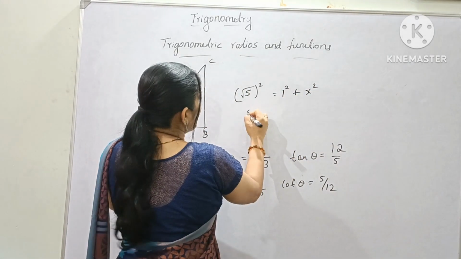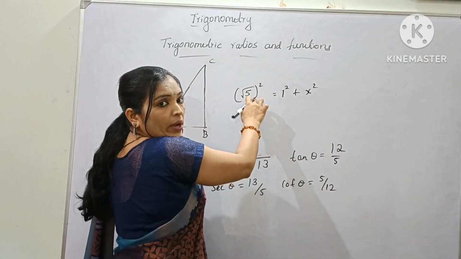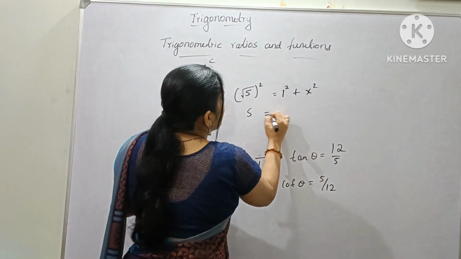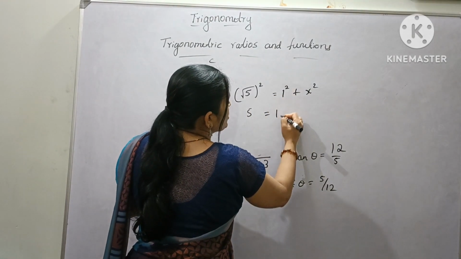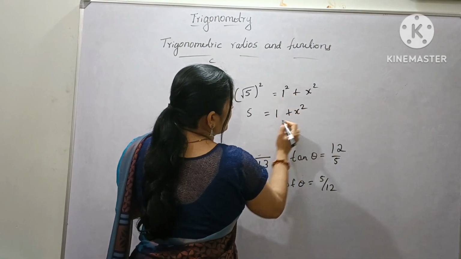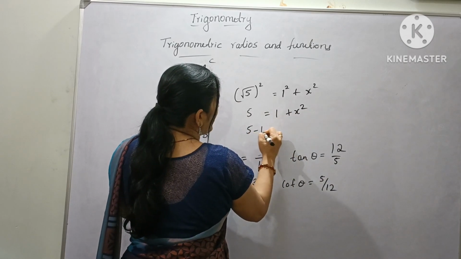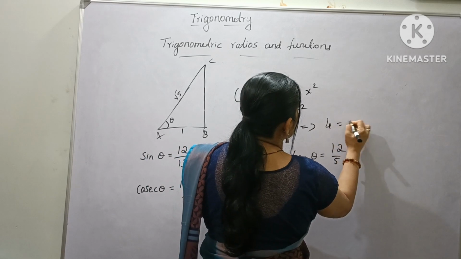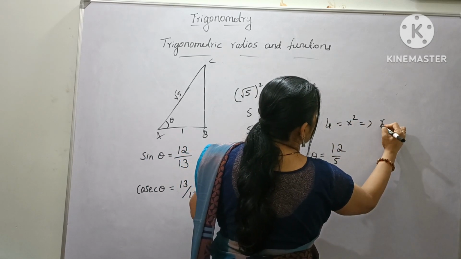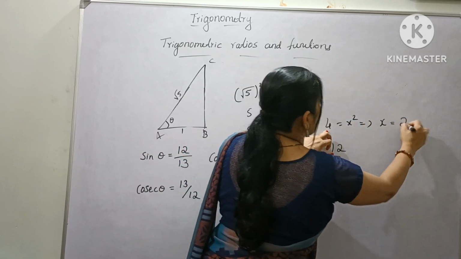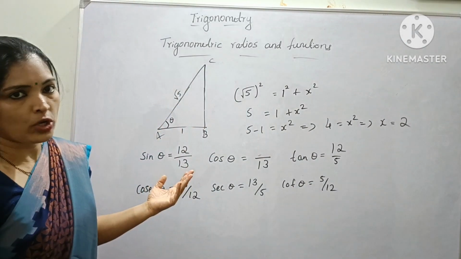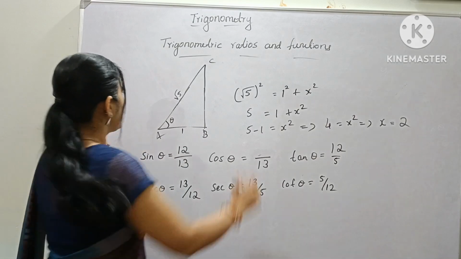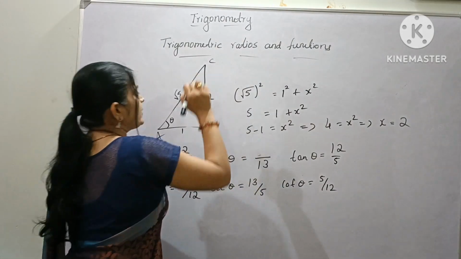So square of root 5 is 5, square root and square cancelling, that is equal to 1 square, 1, plus x square. So 5 minus 1 is equal to x square, that implies 4 is equal to x square, this implies x is equal to plus or minus 2. It is about length, so x is equal to 2. So this length is 2.